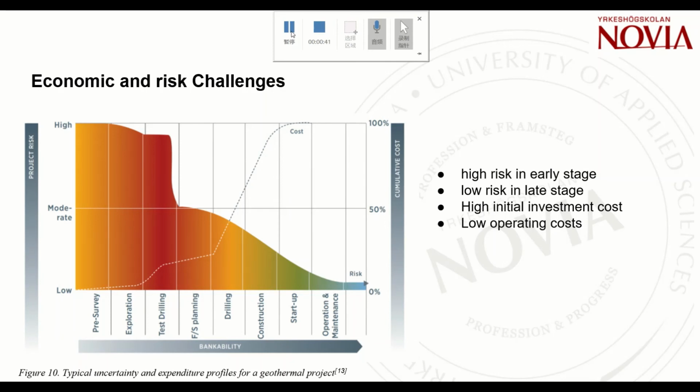The early costs are also high because geothermal wells and power plants must be built at the same time. The capital cost of geothermal power plants is later in the project, with low operating costs and low risk. Low operating costs can compete with coal.